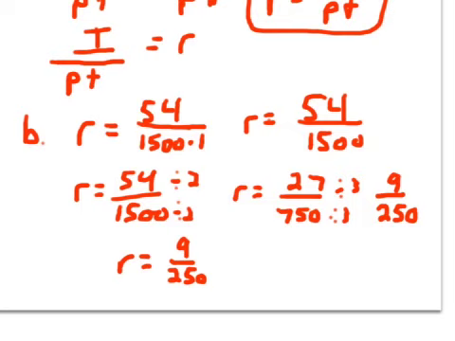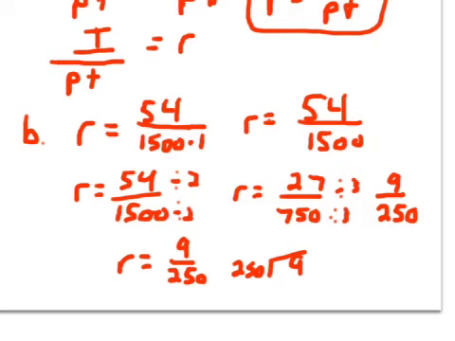Now the only thing I'll say is that when we think of rate, it's always written as a percentage. Okay? So we should probably write this as a percent. So we're going to have to make it into a decimal. So we would take 9 divided by 250. And for the sake of time, you're never going to get to do this, but because I want to cut your video short, Mr. is going to use a calculator here.